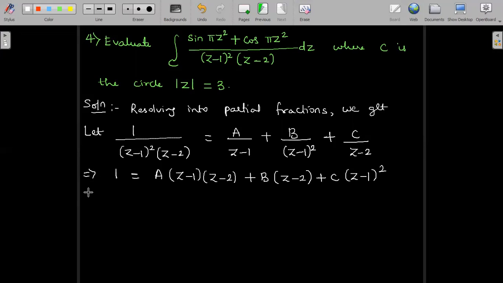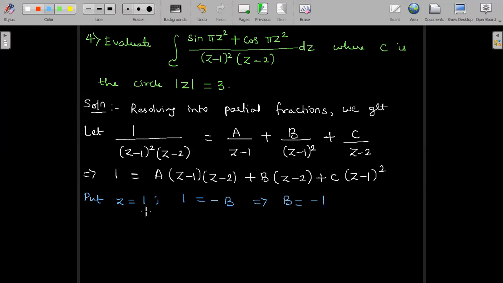So let us put values for z and obtain the constants a, b, c. Put z is equal to 1. So when I put z is equal to 1, a vanishes and c vanishes. We can get the answer for b. It is 1 minus 2, so minus 1b, and that gives b is equal to minus 1.